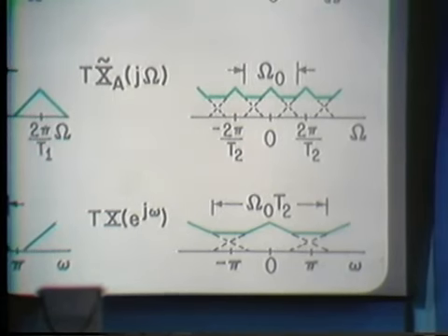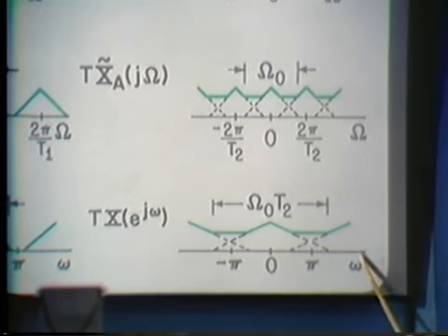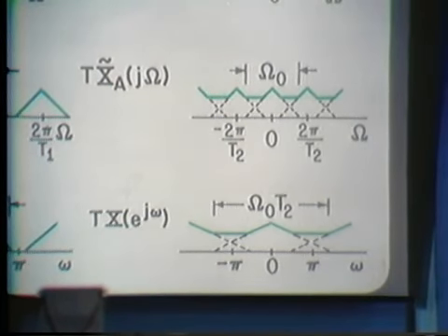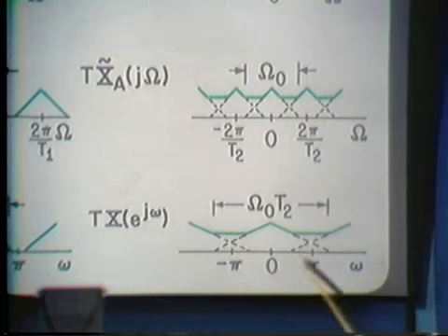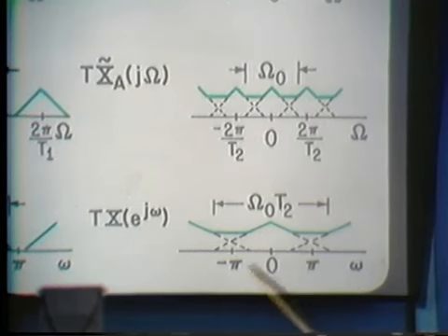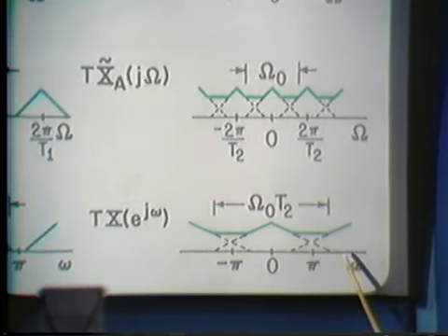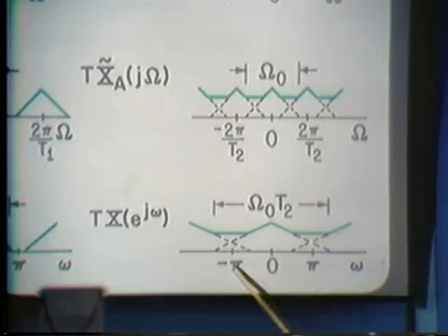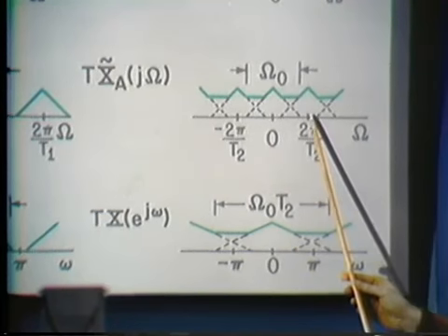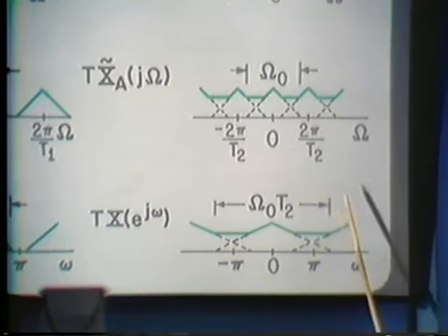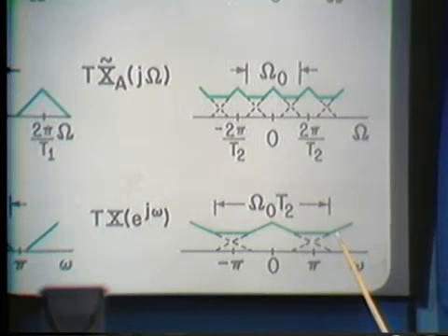And we see, as it had better turn out, that the spectrum in the discrete time case is a periodic function of omega. Furthermore, the period is given by 2 pi, whereas here the period was 2 pi divided by capital T.